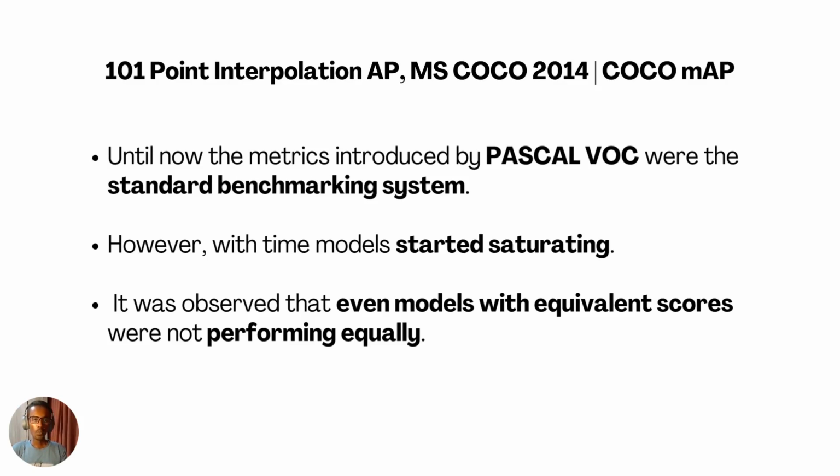So until now, the metric introduced by Pascal VOC was the standard benchmarking system. However, with time, the models started saturating, and it was observed that even models with equivalent scores were not performing equally.